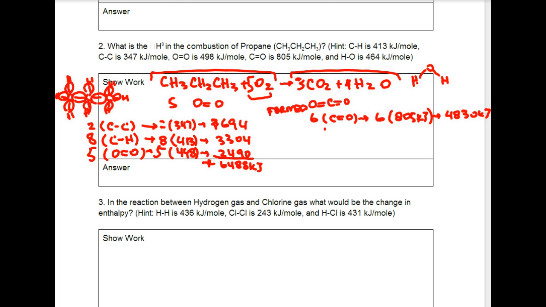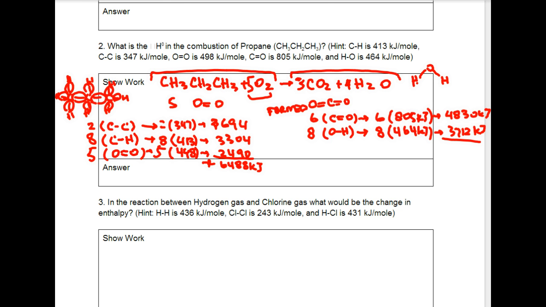So you have per each molecule an O-H bond, 2 of them. And you have 4 of those molecules, so 4 times 2 is 8 of them. So 8 times 464 kilojoules, and that should get you 3712 kilojoules.